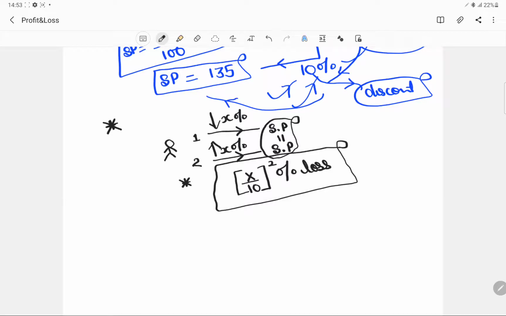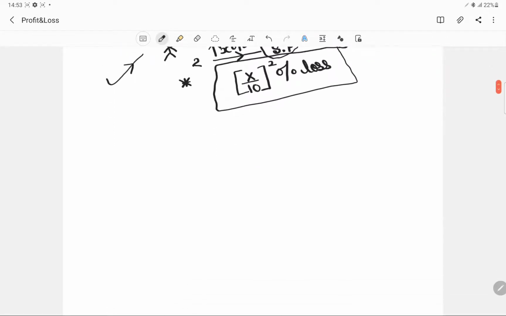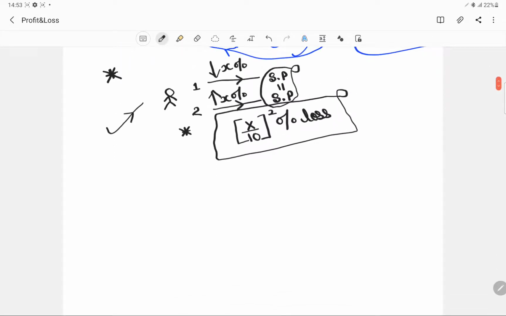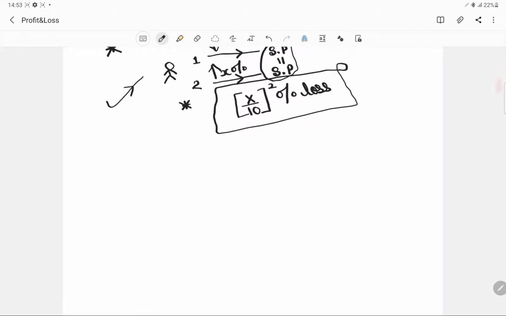We will see some questions on that, but just remember it. So this is two articles, both sold at the same selling price, one with a loss of X% and the other with a profit of X%. This would come directly, so no need to worry a lot about that.